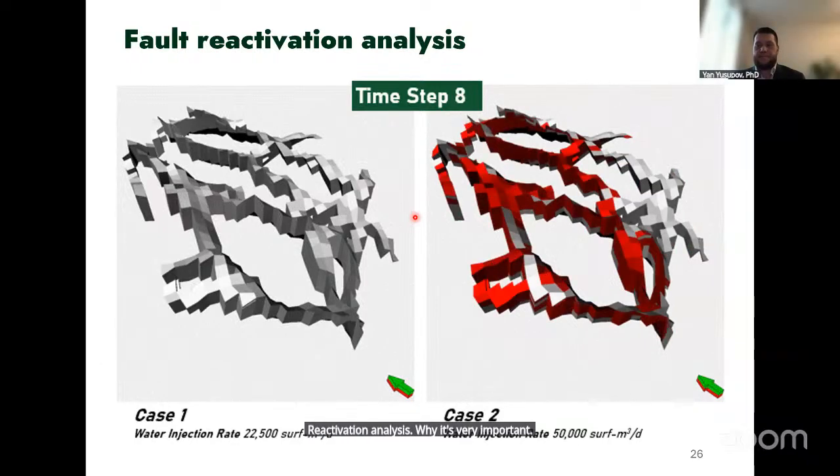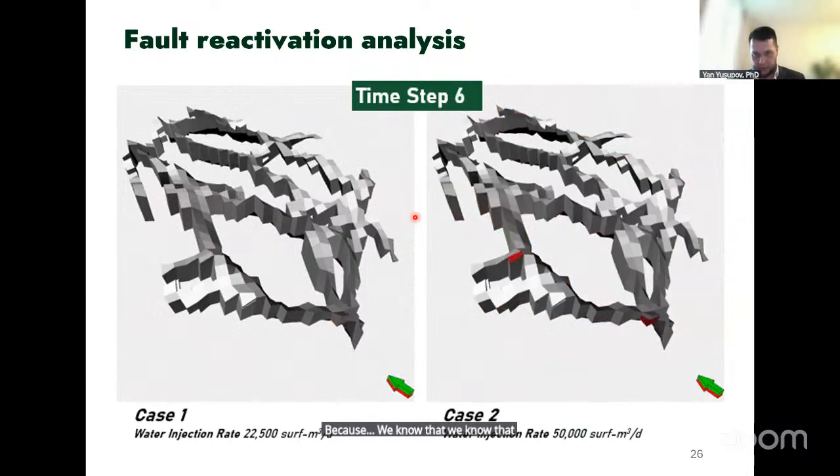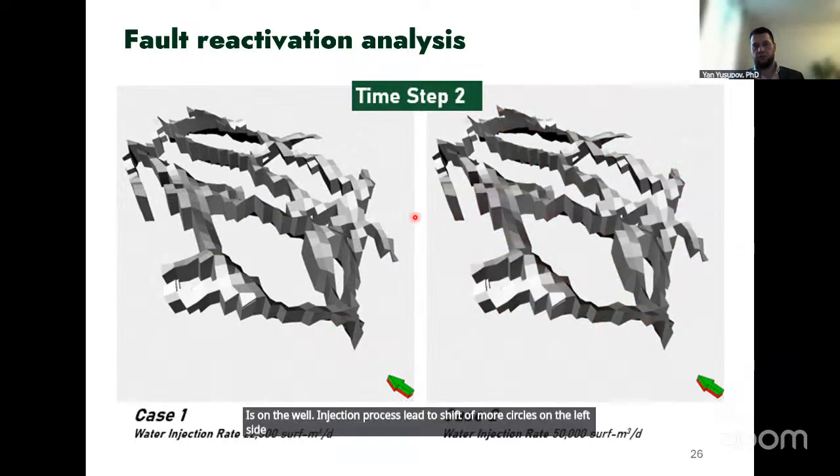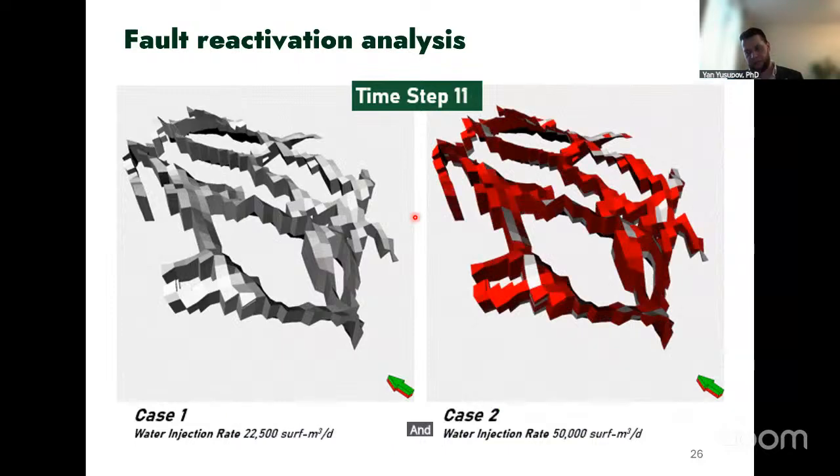Because when injection is on the well, the injection process leads to a shift of Mohr circles to the left side, and this shift can lead to intersection of the Mohr circle with the failure criteria. This can lead to failure and reactivation of the fault.